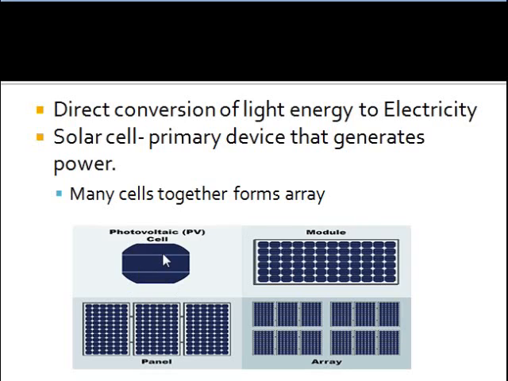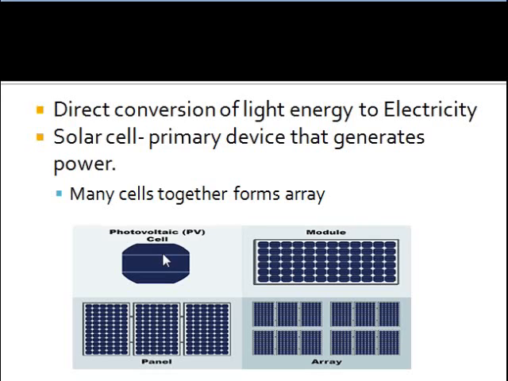The small blue color area we can see on the screen is a photovoltaic cell, and the working principle of one cell will be the same as all the cells, because these cells will generate power which will be connected in series or in parallel connection, so that you will get the large power requirement. It will supply the large power requirement, or we will get a good quantity of electrical energy.